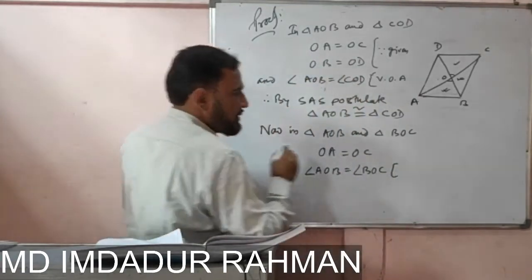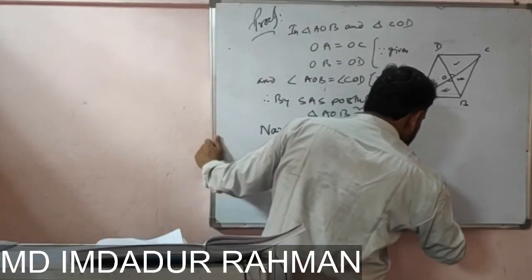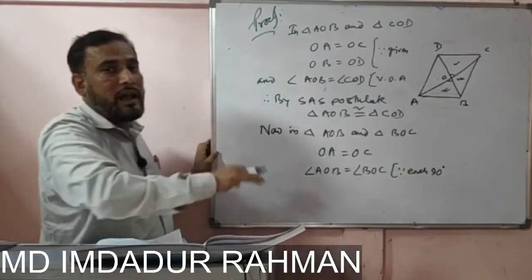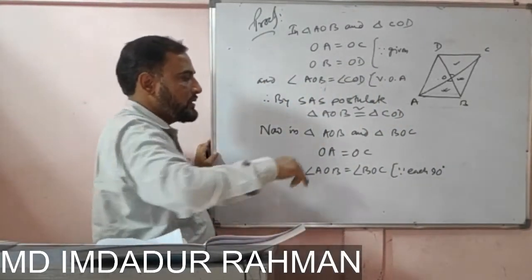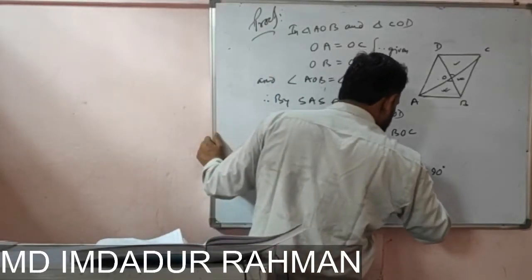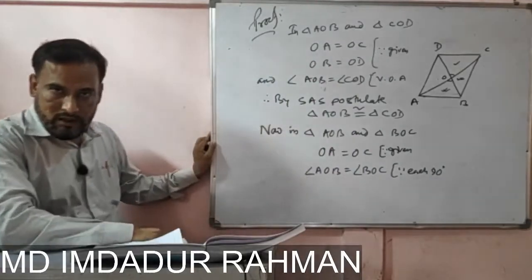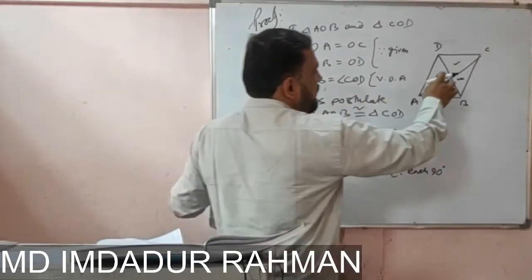How? Since each is 90 degree, as we have written earlier, because the diagonals bisect at right angles, and it is given. One more part is required.